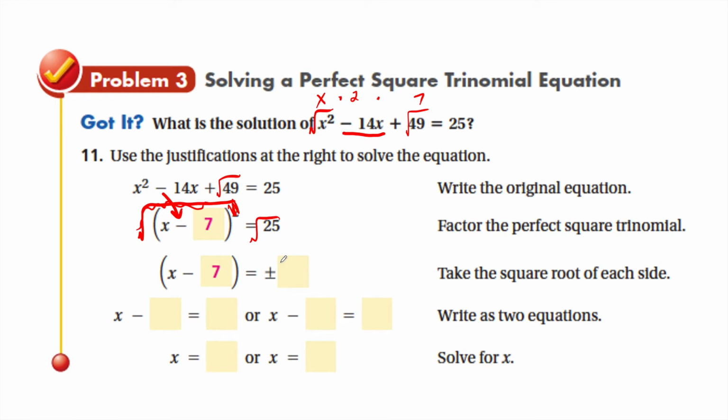If something is a positive squared, it's going to stay positive. If I have 2 squared, it's going to be 4. But if I also have negative 2 squared, that will also equal 4. It gives you the exact same answer. So you have to show the positive as well as the negative. Therefore, plus or minus 5, the square root of 25 becoming 5, ends up being the answer.